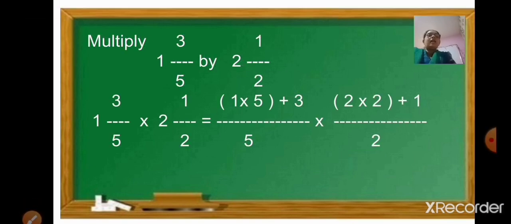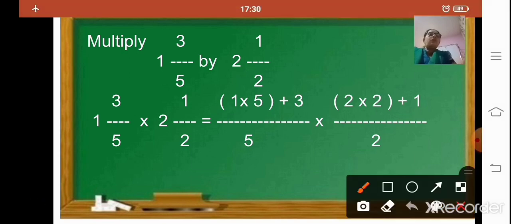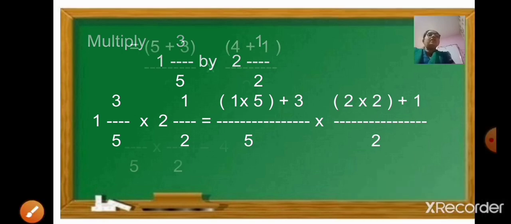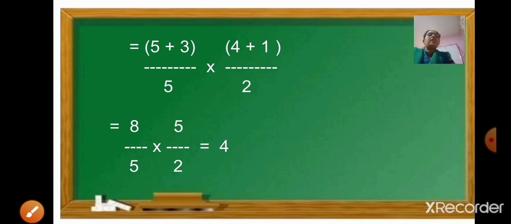Just see in this slide, I've done it again. Yes, the first thing is I've converted 1 whole 3 upon 5 into improper fraction, that is 1 into 5 plus 3 upon 5, and the second fraction 2 into 2 plus 1 upon 2. Okay, now when we convert this into improper fraction, that will be 5 plus 3 upon 5, and the second fraction 4 plus 1 upon 2.